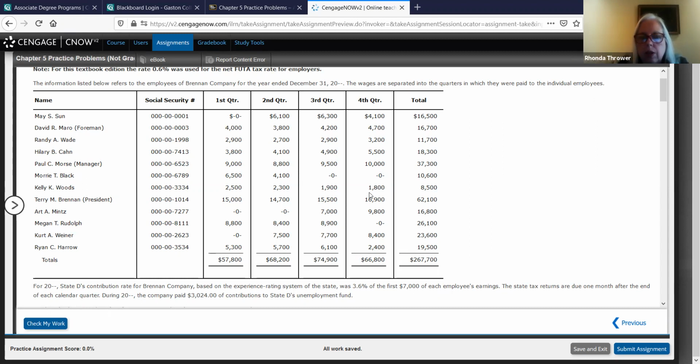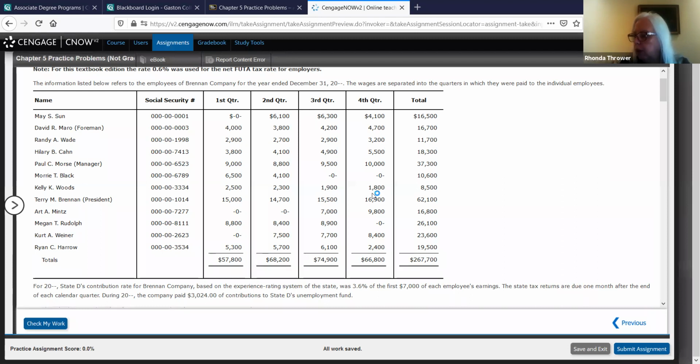So again, that's 2,500 plus 2,300 plus 1,900 gives you $6,700. The ceiling is 7,000. Take 7,000, subtract $6,700 from that, and that means that 300 of this 1,800 is subject to FUTA taxes.